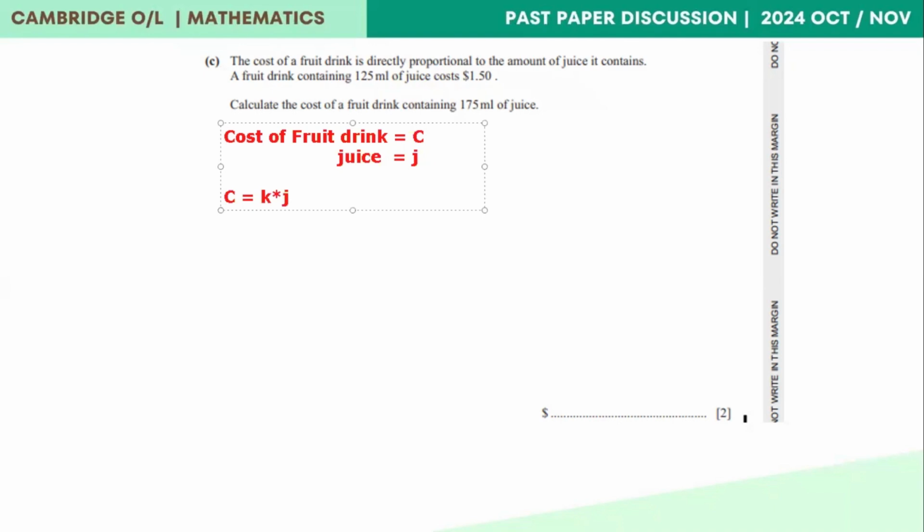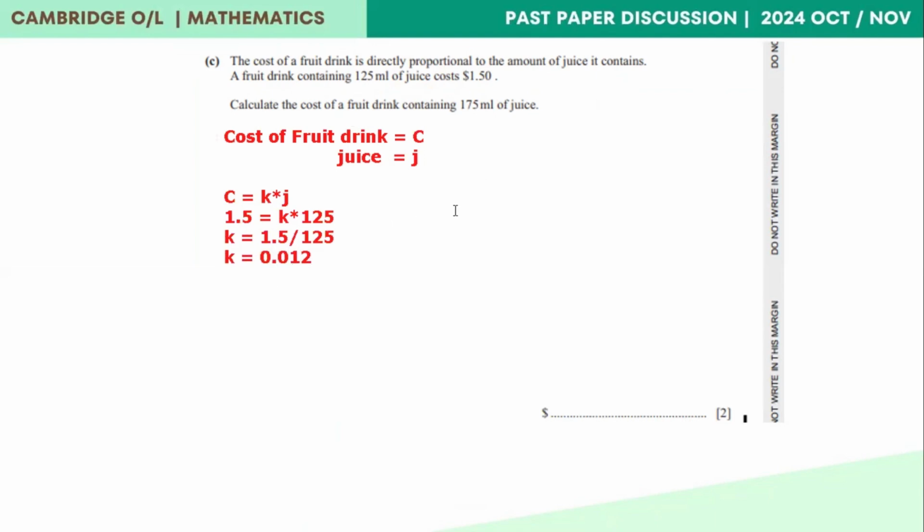They are told that a fruit drink containing 125 milliliters of juice costs $1.5. Always remember in direct proportion questions, the first pair of values is given for you to find the value of K. So the cost 1.5 is equal to K times the amount of juice 125. So K is equal to 1.5 divided by 125, which is 0.012.